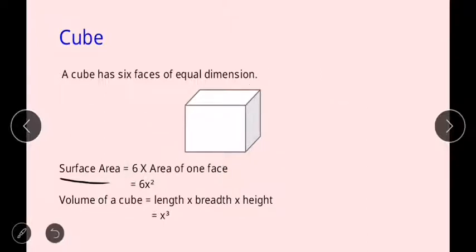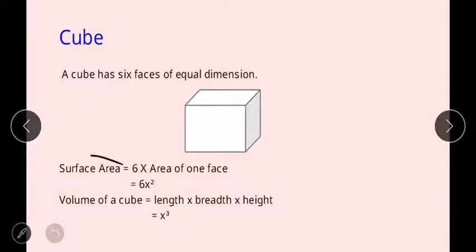So its surface area is calculated as 6 times, what is the area of a square? You know, a square has both length and breadth of the same size. Their magnitude is the same. And a cube is made up of 6 squares joined together.